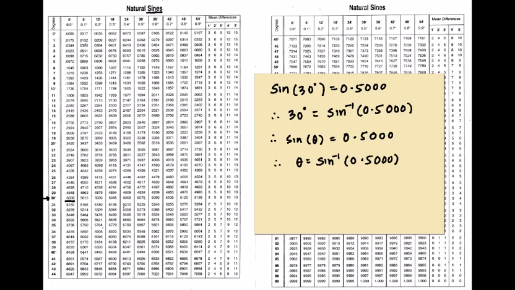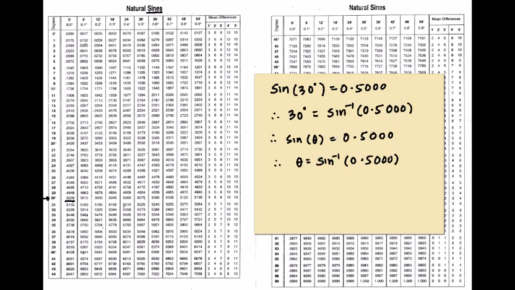In principle, in this region you will try to find a number which is as close to 0.5000 as possible, and then look in the corresponding row and the column for degrees and the minutes respectively.